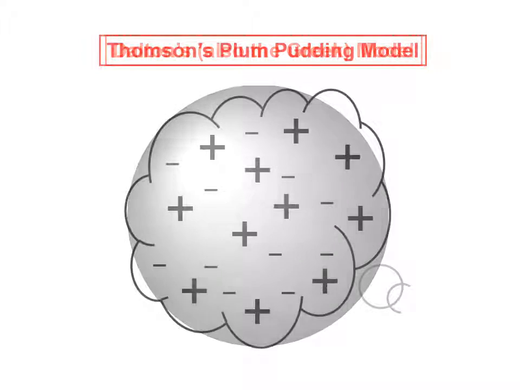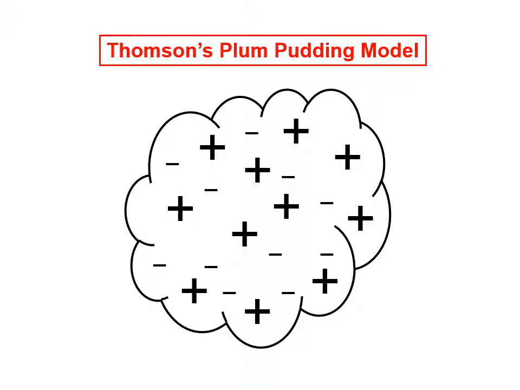Well, Thomson discovered electrons, which are negatively charged, and we also knew that the atom was electrically neutral, so there also must be positive charge. And Thomson said, okay, we have a large mass of positive dough and little electrons, negatively charged, embedded within.